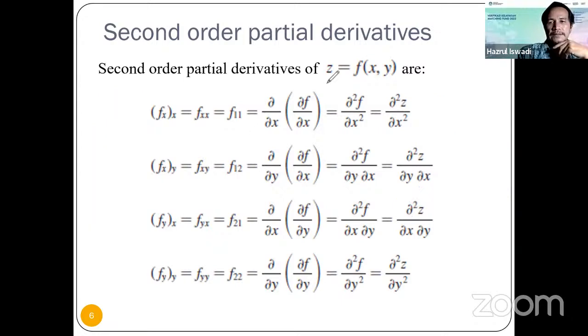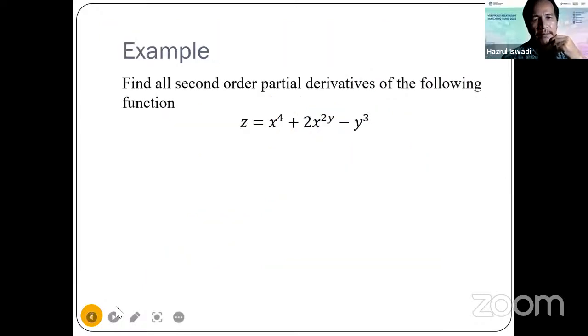Okay, let's continue to the example. As I told you before, if we find all second order partial derivatives for this function, we must find four formulas. So from z we should find zx.